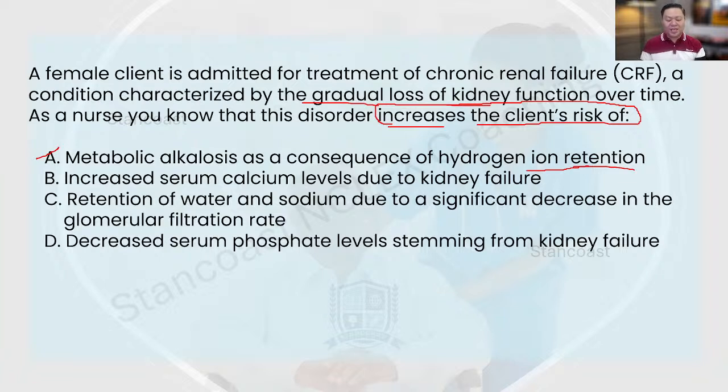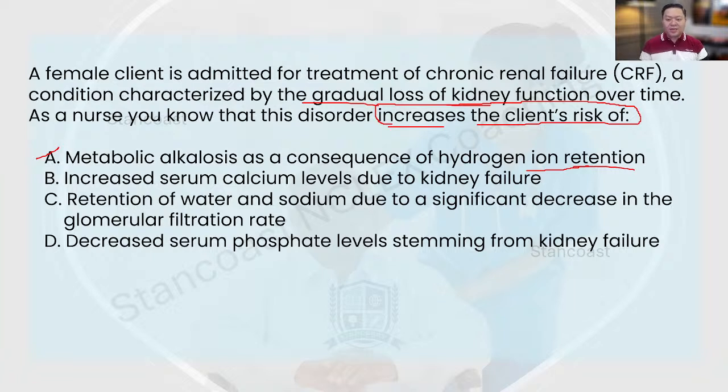They are responsible for excreting the acids, the hydrogen ions produced by the body's metabolism. However, in chronic kidney disease or CRF, the kidneys have already lost their ability to adequately excrete the acids. So what is going on? It will cause accumulation of those hydrogen ions.